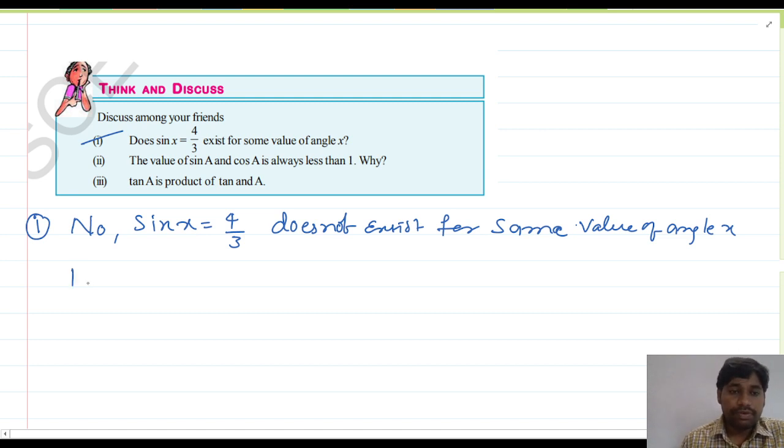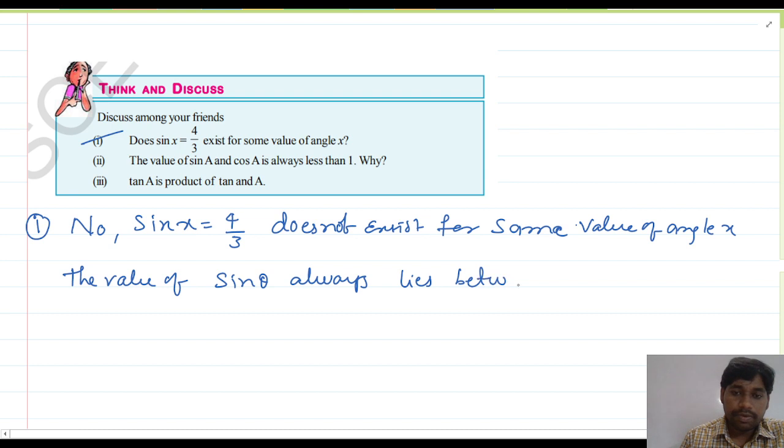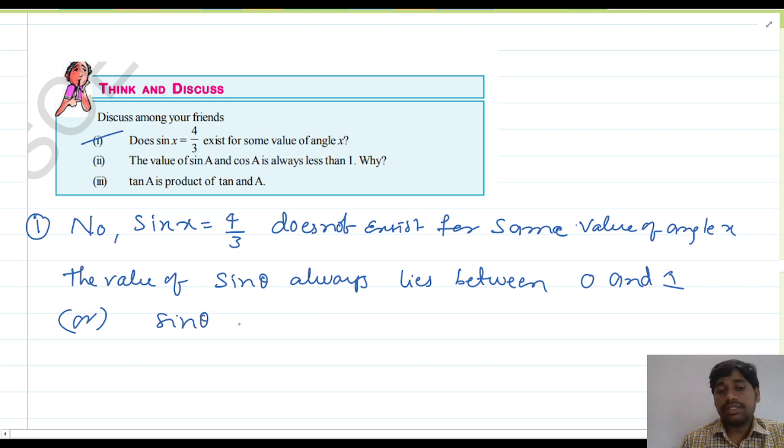The value of sin x or sin theta always lies between 0 and 1. We can say sin theta is equal to opposite by hypotenuse.